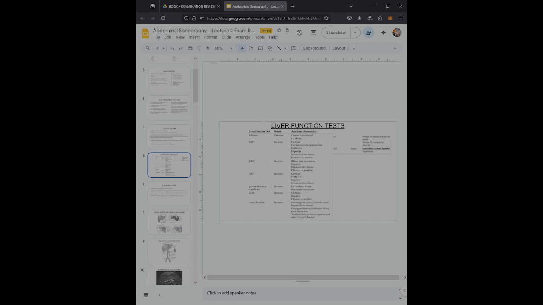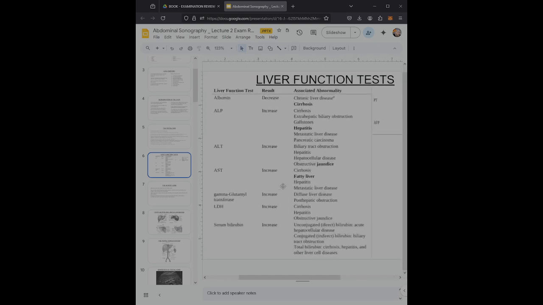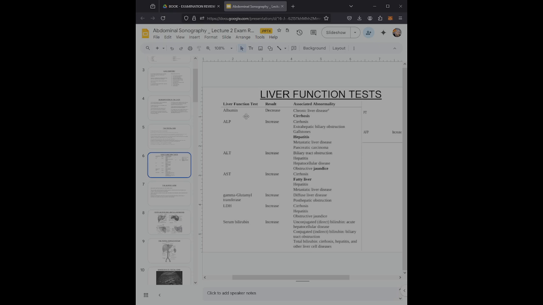So how do we test for the normal function of the liver? Well, there's a number of liver function tests that we can perform. We can check for albumin, and a decrease in albumin will indicate some cirrhosis or some chronic liver disease. Alkaline phosphatase, its increase would indicate cirrhosis or some extrahepatic biliary obstruction, some gallstones, hepatitis, metastatic liver disease, or pancreatic carcinoma.